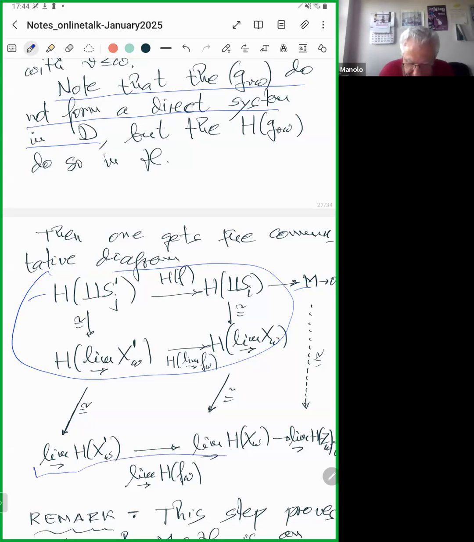When you apply the direct limit here, the cokernel is the direct limit, and then you have an isomorphism here because of the universal property of the cokernels. So you have an isomorphism on this part.